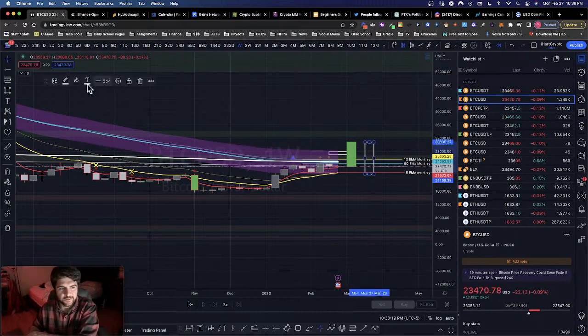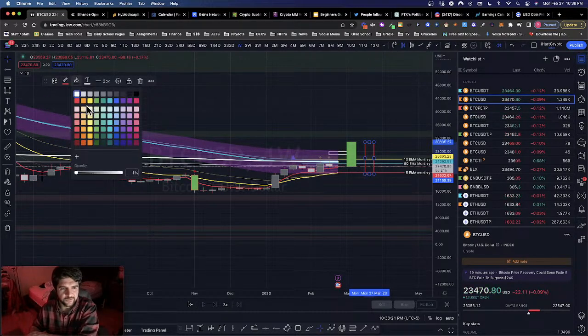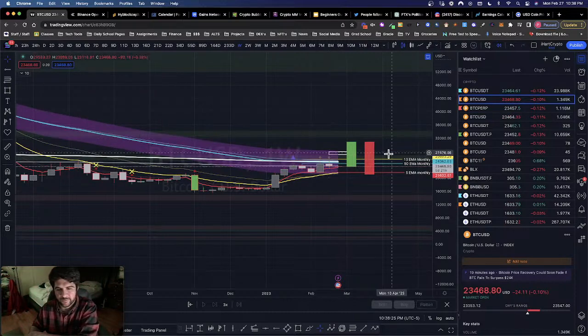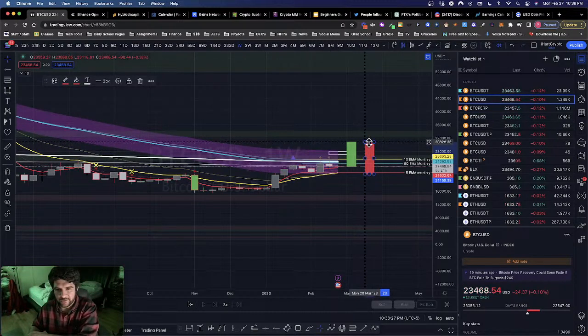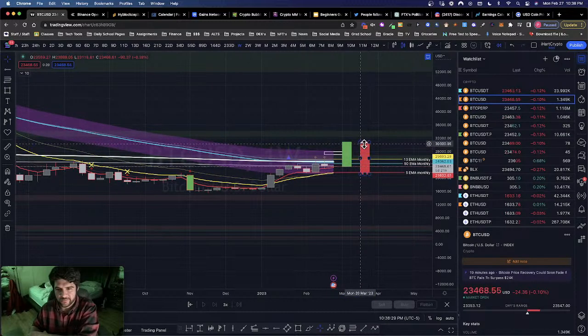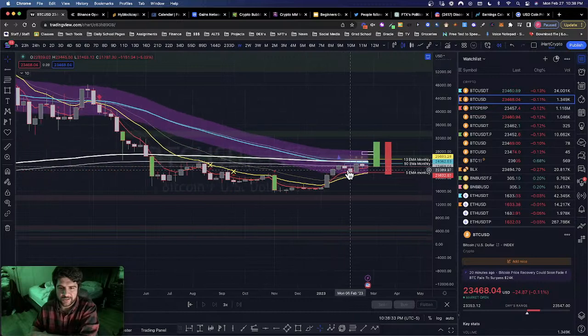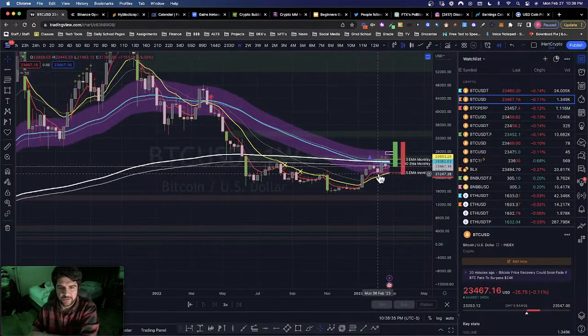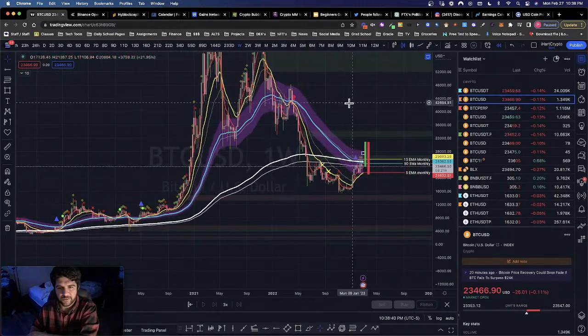And then you get a crazy ass red candle. This would not surprise me one bit. Okay? This kind of price action would not surprise me. Alright? That wouldn't be too bad.